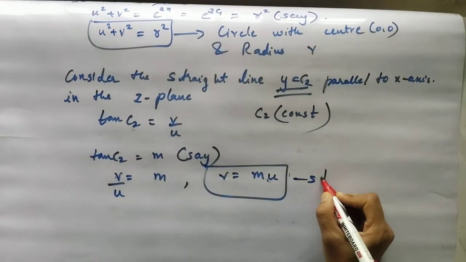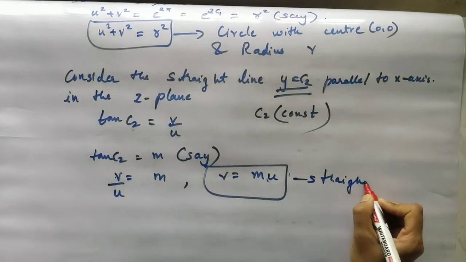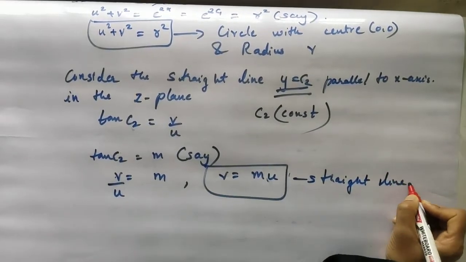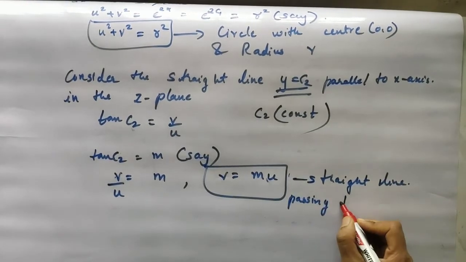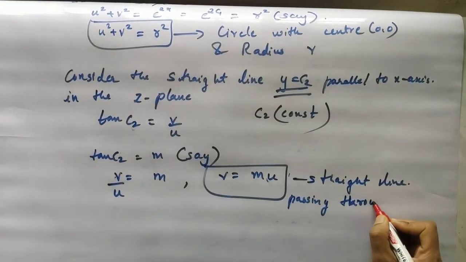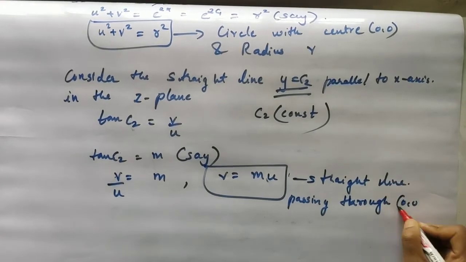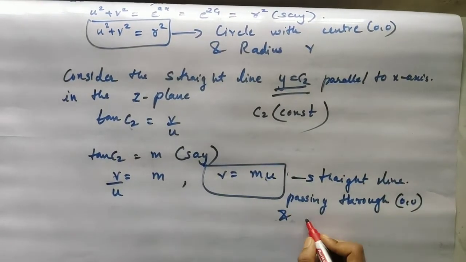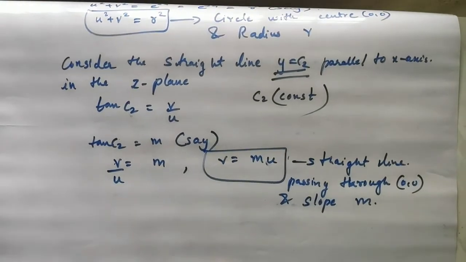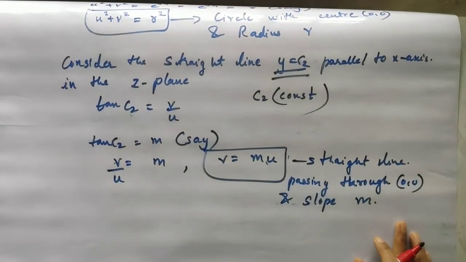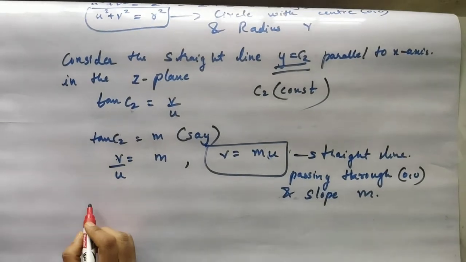This is also a straight line. And how is this straight line? Straight line passing through origin? Yes or no? Is it not passing through the origin? Yes, passing through the origin and slope M. Right? Slope M.